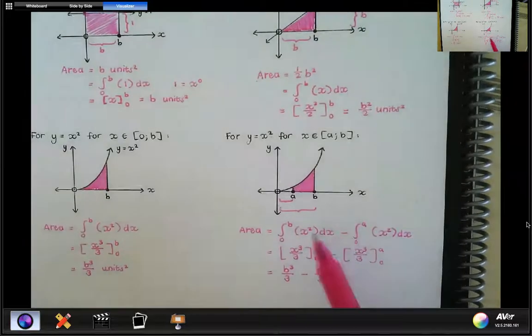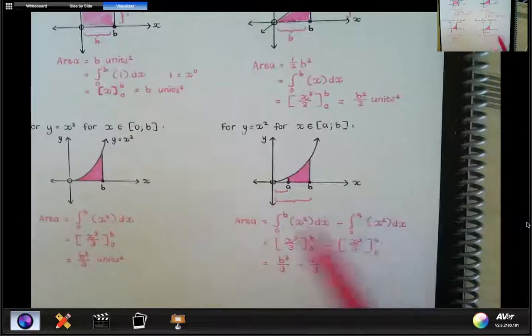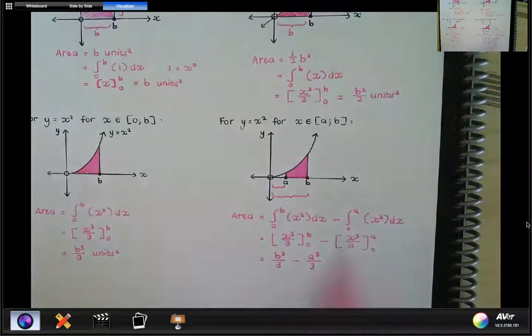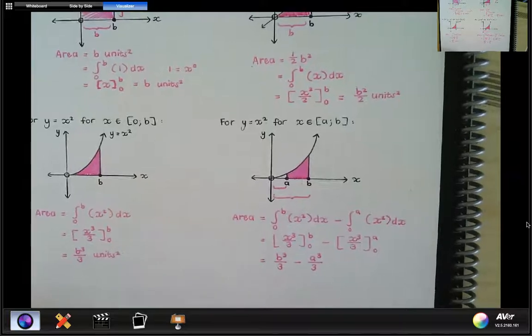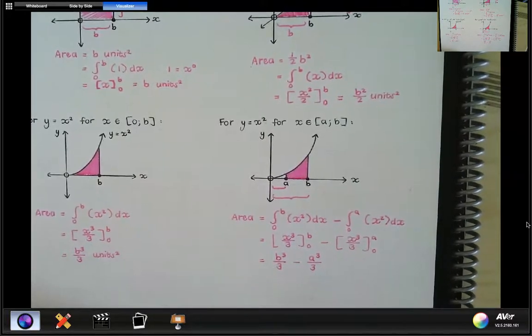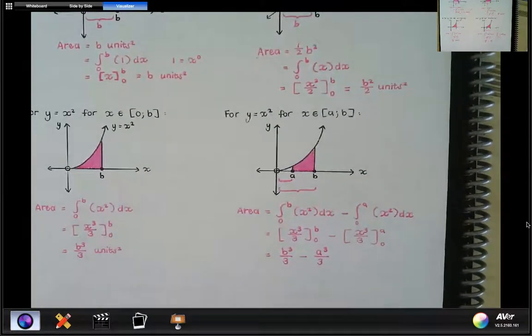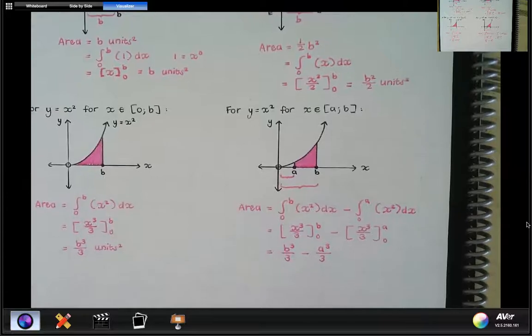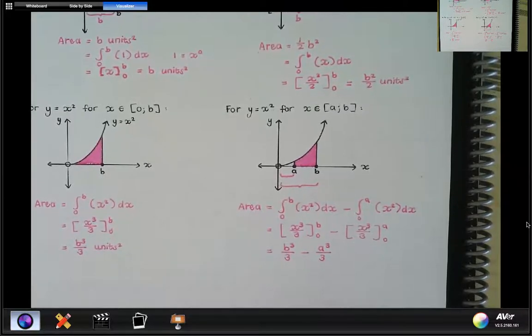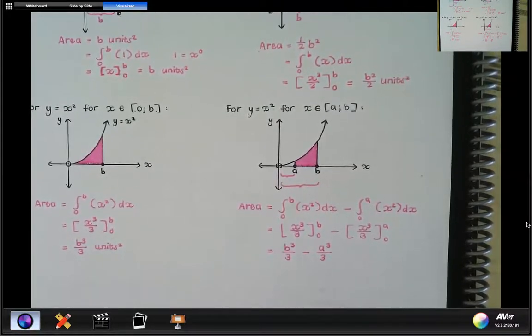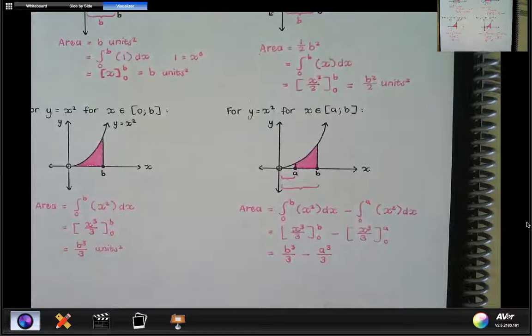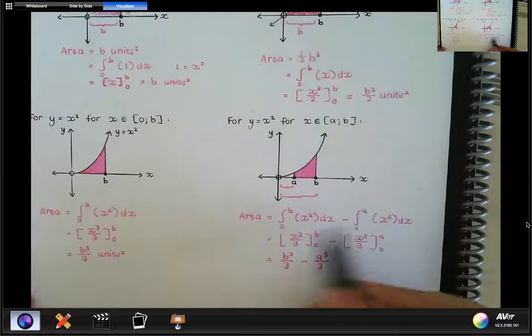Now, instead of doing it as two separate integrals, like we've done it here, for simplicity's sake, what we're actually going to do is just grab the black one. We're going to put it all together in one. We're kind of going to combine these two.